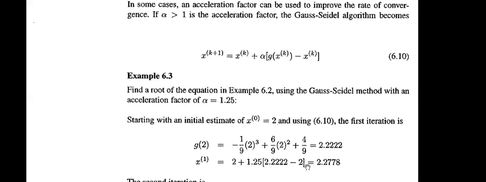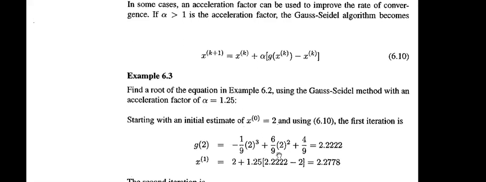What will be the next iteration? Put that value 2.27. This is the first iteration result. Put that information for the second iteration, 2.27. In the regular case, we put 2.22, but when you consider the acceleration factor 1.25, you have to put 2.27 in the Gauss-Seidel equation.